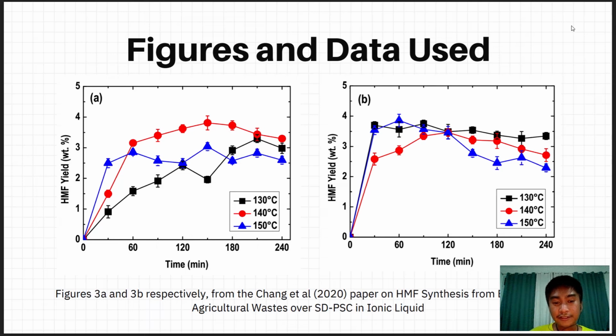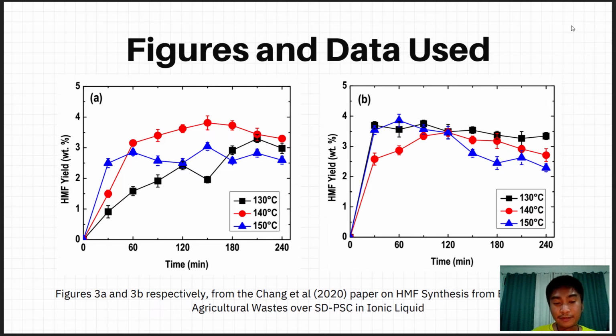The figures and the data used are shown here: figures 3a and 3b respectively from the Chang et al. 2022 paper, on the HMF synthesis from biomass and agricultural wastes over SD-PSC, or sulfur-doped peanut shell catalysts, and ionic liquid.